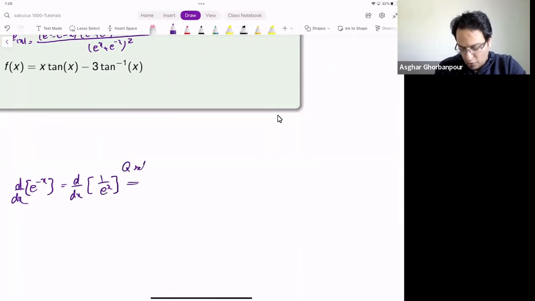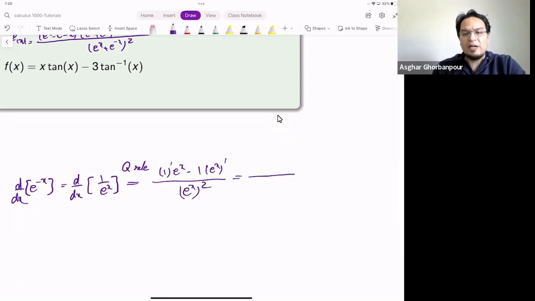And then I can use the quotient rule: derivative of the numerator times the denominator minus the numerator itself times the derivative of the denominator, over the denominator squared. The derivative of the constant 1 is 0 times e to the power x is 0, and the derivative of e to the power x is e to the power x. And we are dealing with negative e to the power x over e to the power x squared.